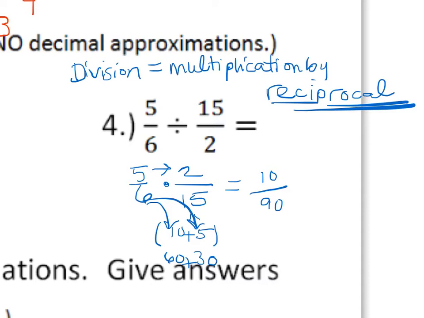Okay, well because I see those both have zeros in them, I automatically know 10 is a factor. So if I divide the top by 10, I get 1. Divide the bottom by 10, I get 9. And 1/9 I know can't simplify any further because 1 can't simplify any further.